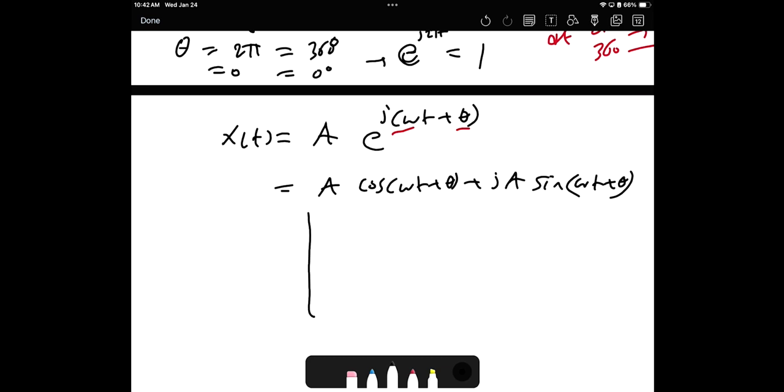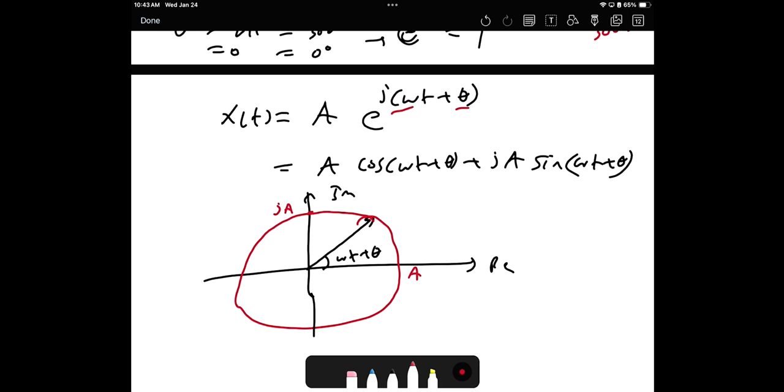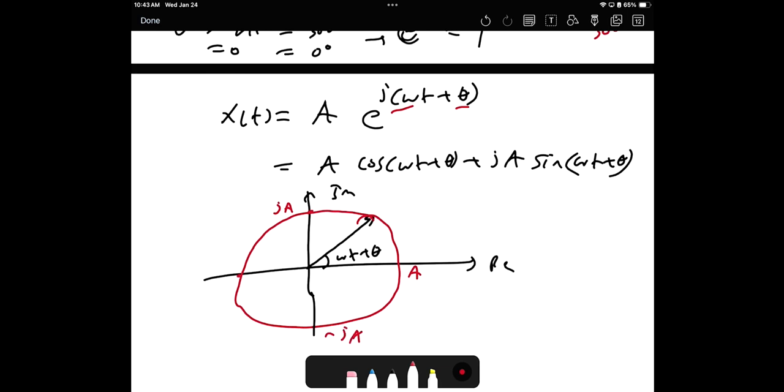Then if we plot the imaginary axis and the real axis, for example, the arrow here, this is the angle omega t plus theta, then we have that circle whose radius changes with the amplitude. Since the amplitude is A, this will be jA, this will be A, this will be negative jA, this will be negative A. Now how to find these points?